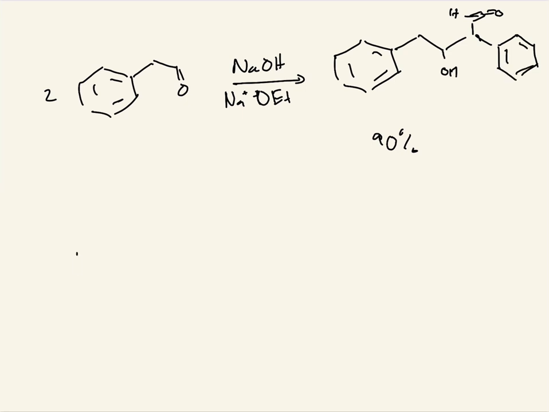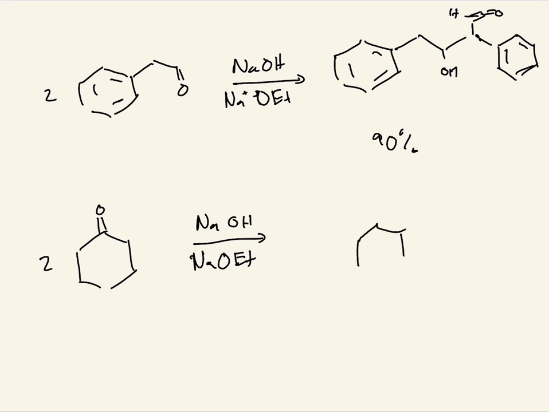But if we had two equivalents of cyclohexanone, for example, and did the exact same thing, then the reactants are going to be favored.